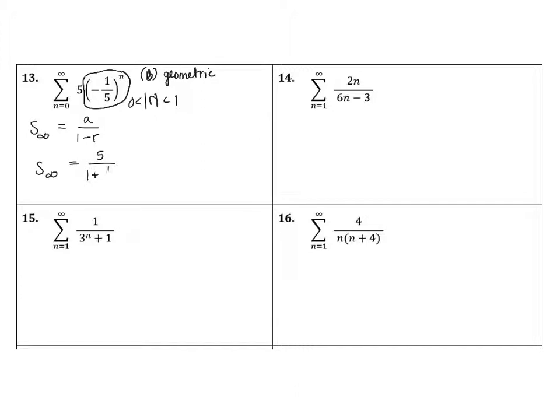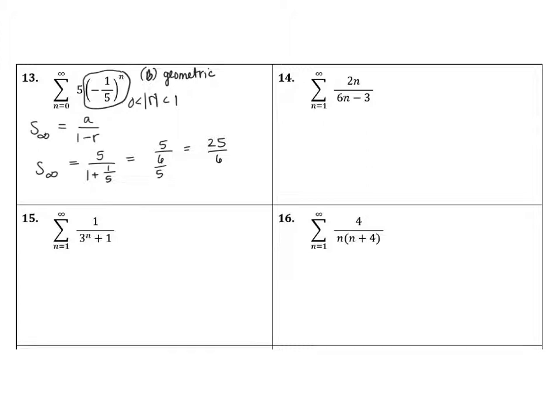So that's going to be plus 1/5. And so here we're going to have 5 over 6/5, and that's going to give me 25 over 6.